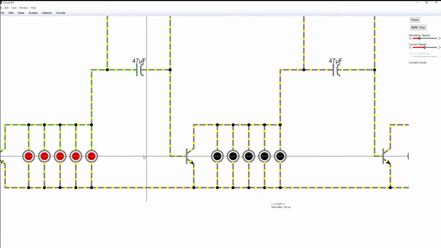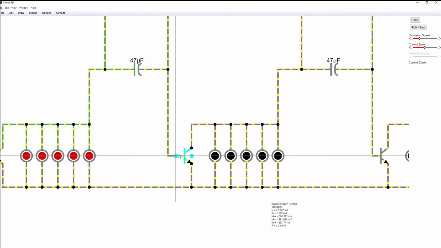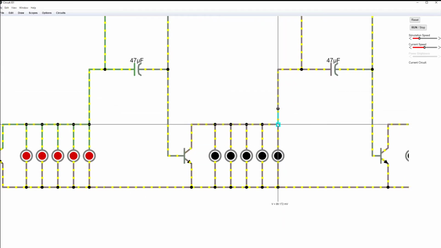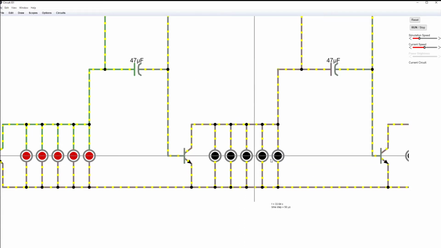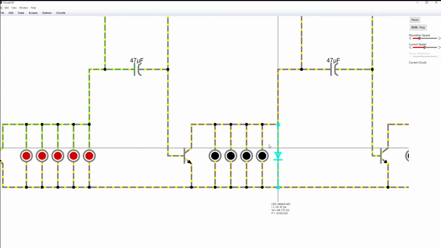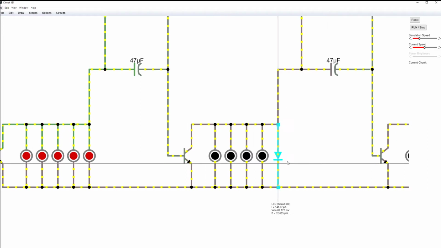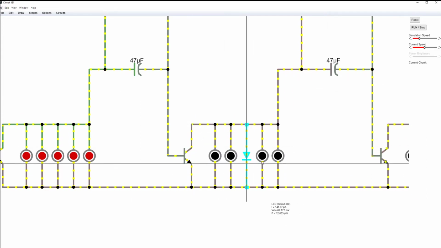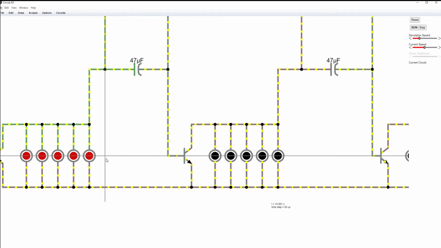So that one just turned on. As this current is going in, it's letting flow through. The current is going to choose the easiest route, and the easiest route is through the transistor, because even though LED lights themselves are very low in resistance, they still have more resistance than the transistor itself. So the current is choosing to flow through the transistor, so the lights are not being lit.